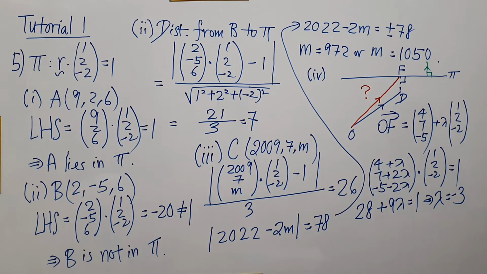If you ask for coordinates, coordinates means you write this now. The coordinates of the point F will therefore be, putting lambda as -3 into here, (1, 1, 1). This is the foot of the perpendicular from the point D to the plane. And that completes question 5 of tutorial 1.